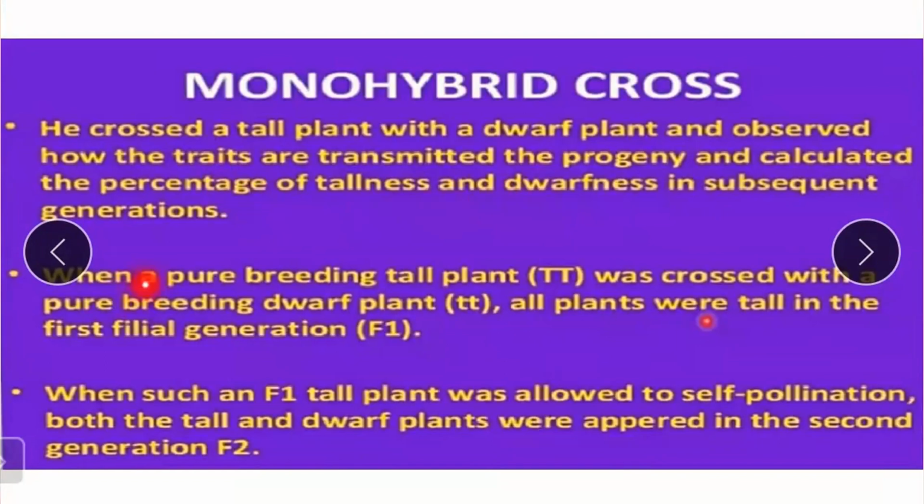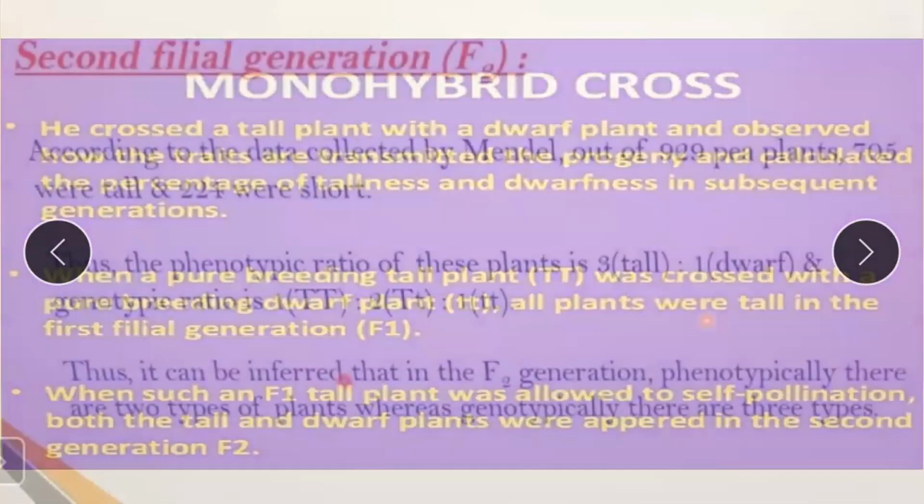So, when a pure breeding tall plant TT was crossed with a pure breeding dwarf plant small tt, all plants were tall in the first filial generation, that is F1. But when such an F1 tall plant was allowed to self-pollinate, both tall and dwarf plants appeared in the second generation F2.